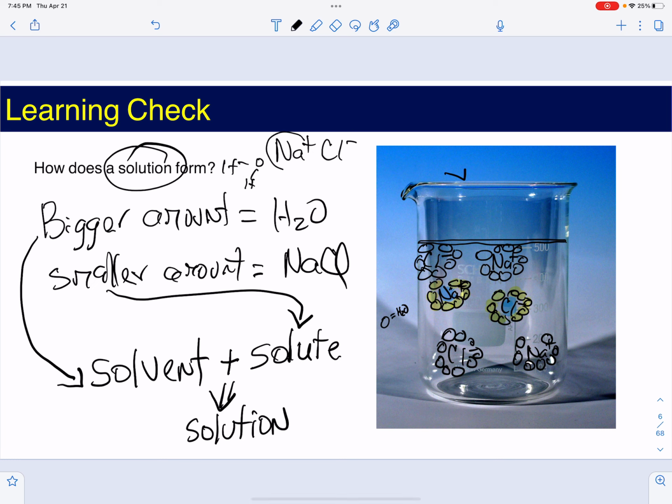Because these have charges and there's a separation there, this will be polar and the water is polar. Can I dissolve sugar in water? Yes, sugar contains a lot of OH groups, which are polar groups. So sugar is polar, water is polar. So yes, I can dissolve it.